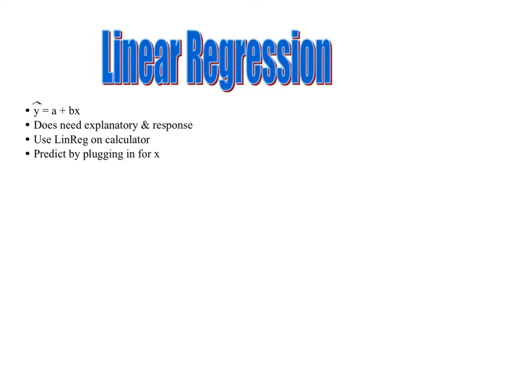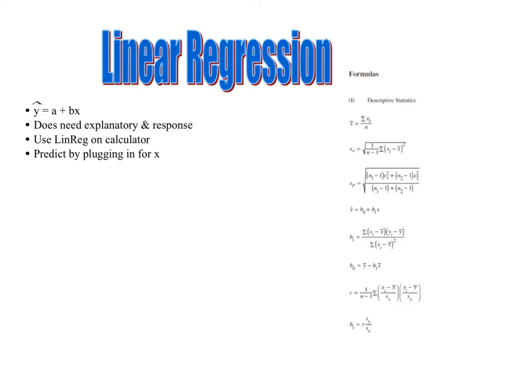Now, I just wanted to show you what the formula sheet looks like for this. On the first page of the formula sheet that you get when you take the AP exam, you have descriptive statistics, like the mean and deviation and so on. But down here you see a regression equation, and then it gives you ways to calculate slope, the y-intercept, correlation, and another way to calculate the slope using the sample deviations for y and x.